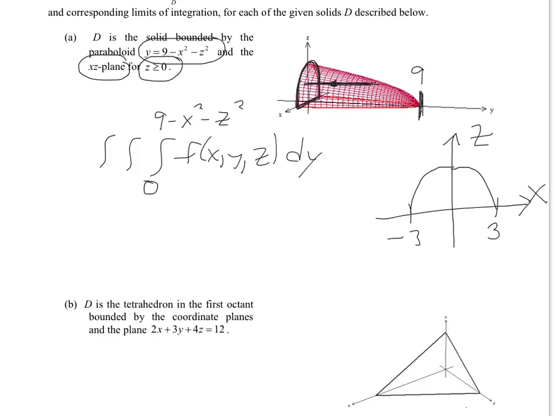And I think you can convince yourself that it is a semicircle of radius 3, because if you look at the equation of the paraboloid, y equals 9 minus x squared minus z squared, well, when that paraboloid hits the xz plane, y is equal to 0. And if I replace y with 0 in this equation, it becomes the equation x squared plus z squared equals 9, which obviously describes a circle in the xz plane of radius 3.